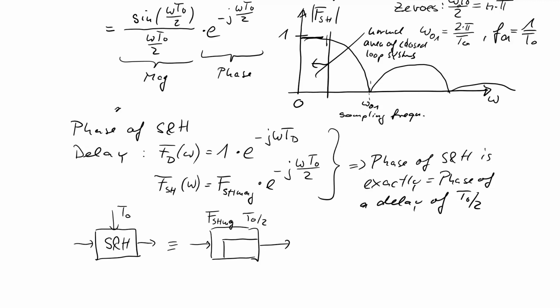Or in other words, the phase shift here is so large that we cannot ignore it, and then the sampling time is just too large. So we can say in closed loop systems we can very easily, without any big problems, replace our sample and hold block with a simple delay time block with half of the sampling time as delay time.